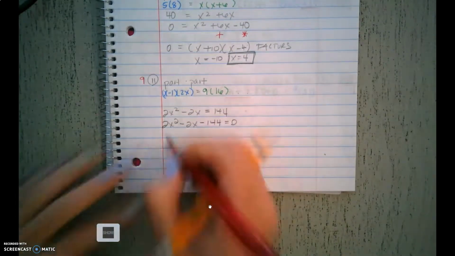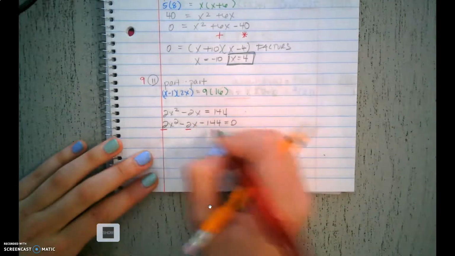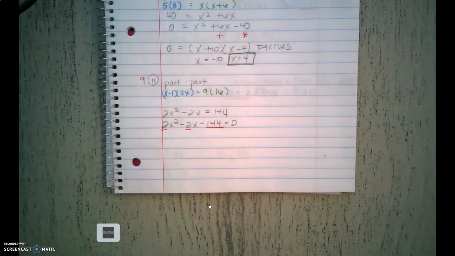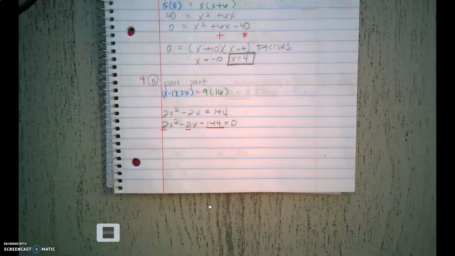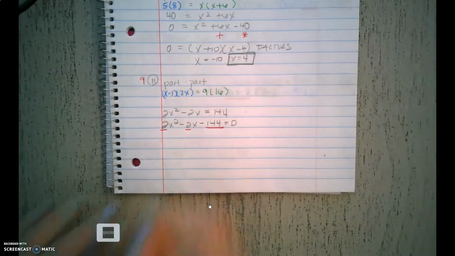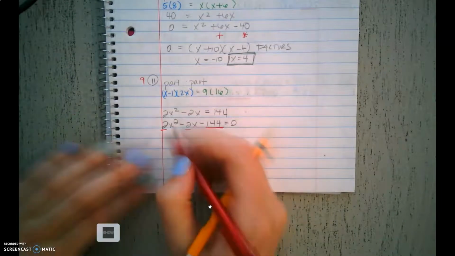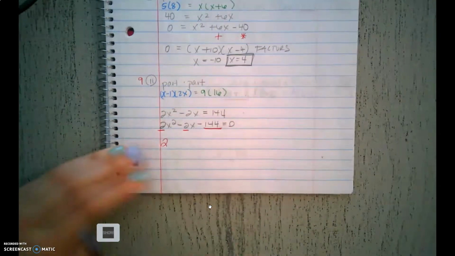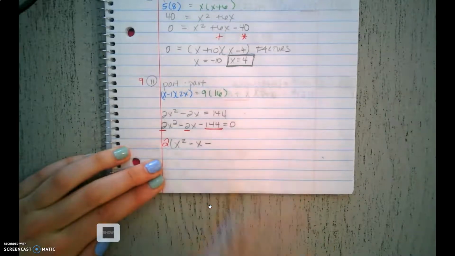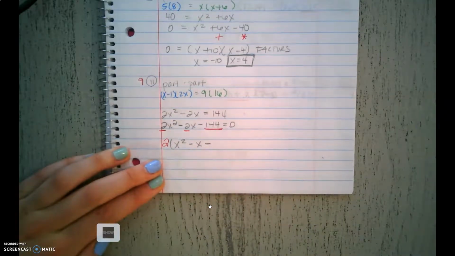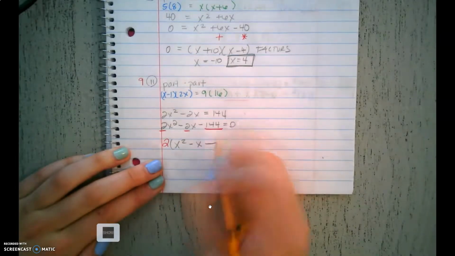If you'll notice, 2 and 144 all have something in common. When this a value is greater than 1, we want to look for a GCF. That GCF is 2. So this is going to be x squared minus x minus 72.